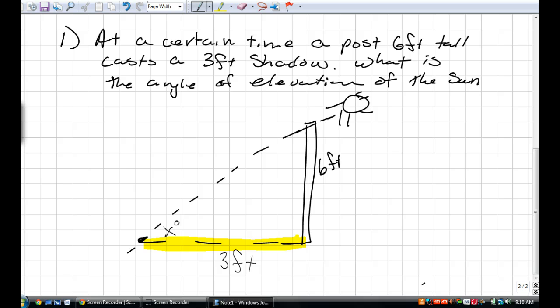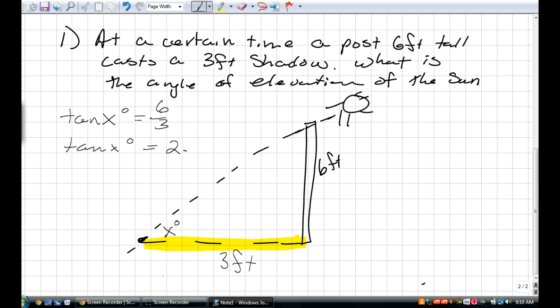So using our trig functions, we see that we have the opposite over the adjacent. So the trig function that would use those two values is the tangent. So I use the tangent of x degrees is equal to 6 over 3, or the tangent of x degrees is equal to 2.